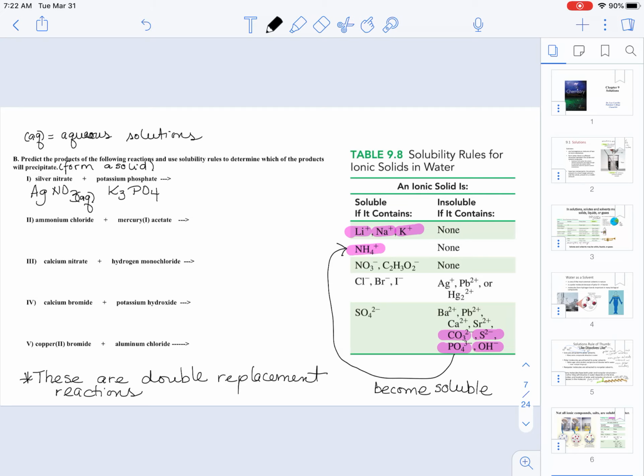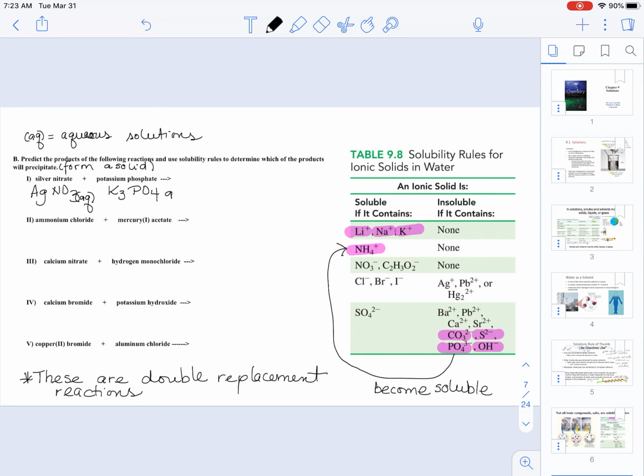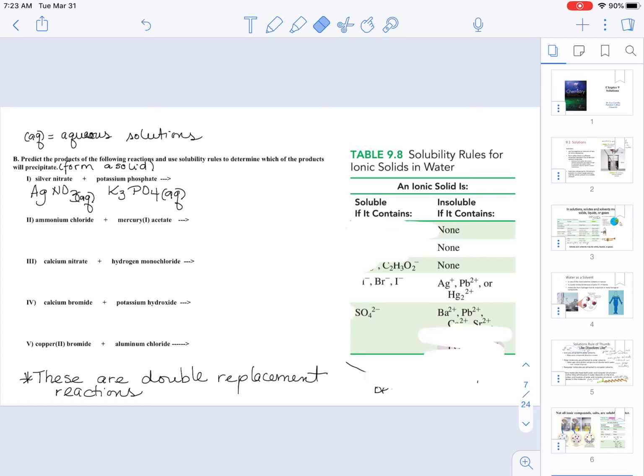So in the example that we have, potassium phosphate, that means that potassium phosphate is an aqueous solution because we have phosphate paired with potassium. Now, let's predict the product of the reaction.